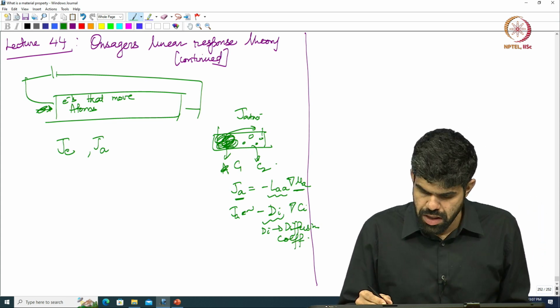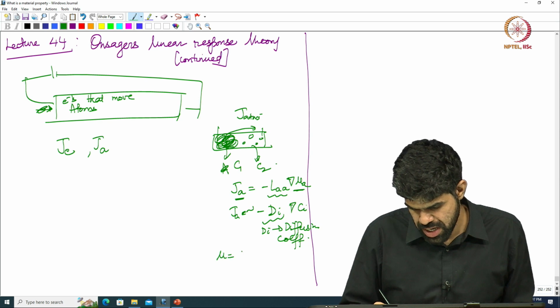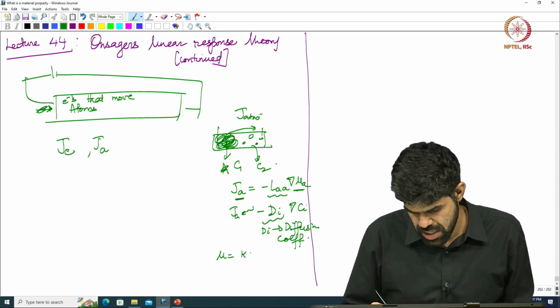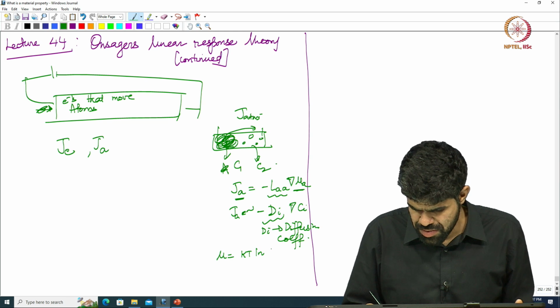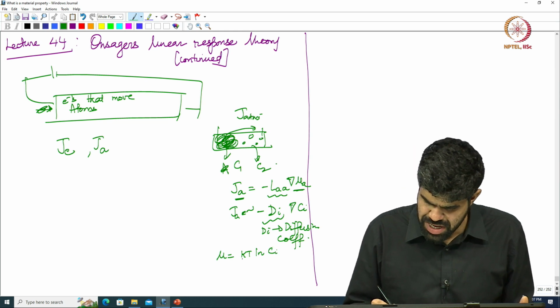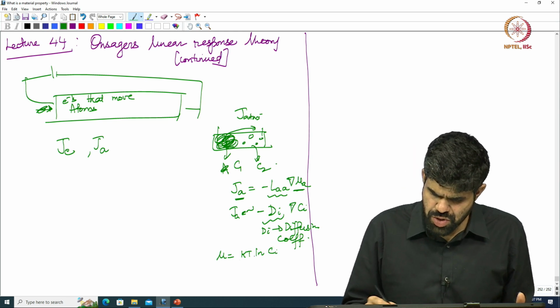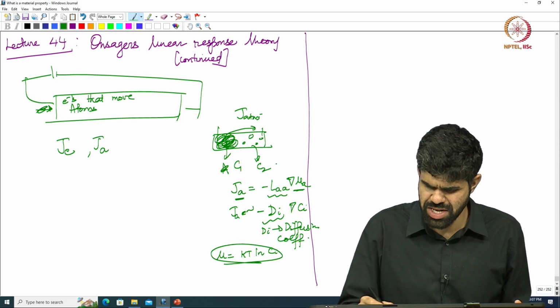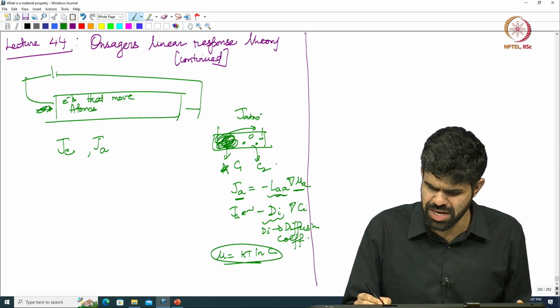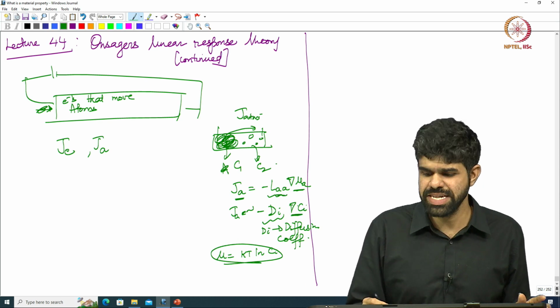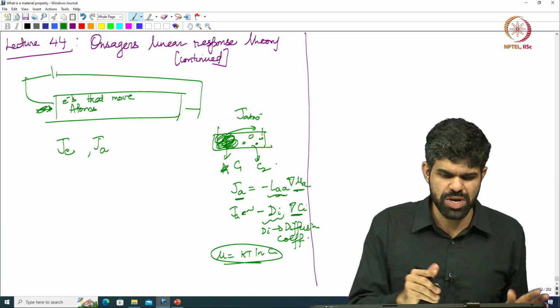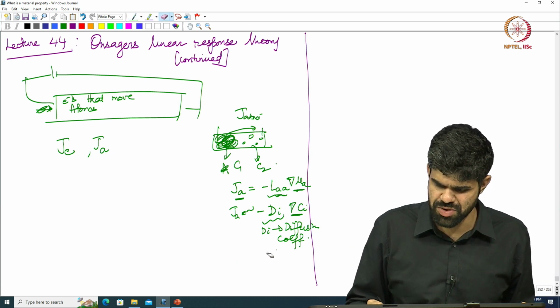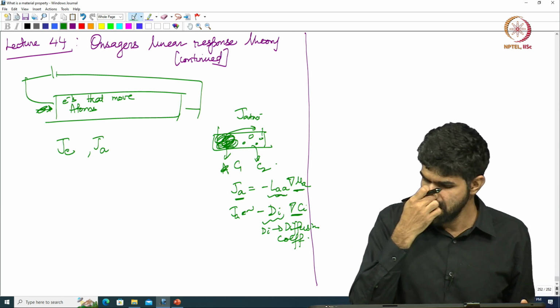Actually mu will be kT ln of some sort of concentration term. So you can relate these two things. Essentially there will be some term that comes out here, and the gradient of C_i will be related to the gradient of mu_A. It is going to be some sort of a simple conversion, no problem, we can do that.